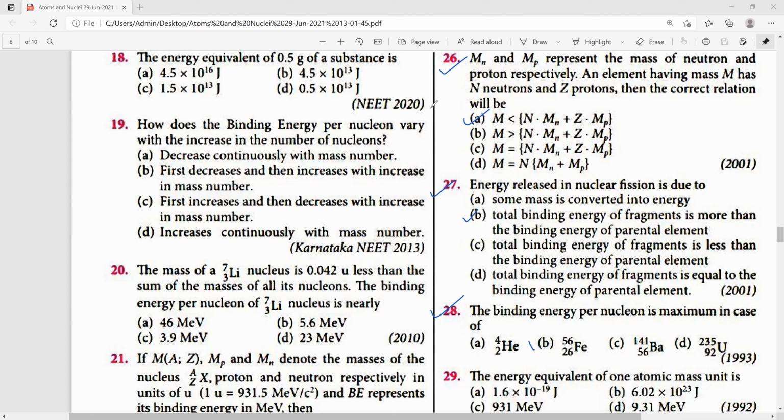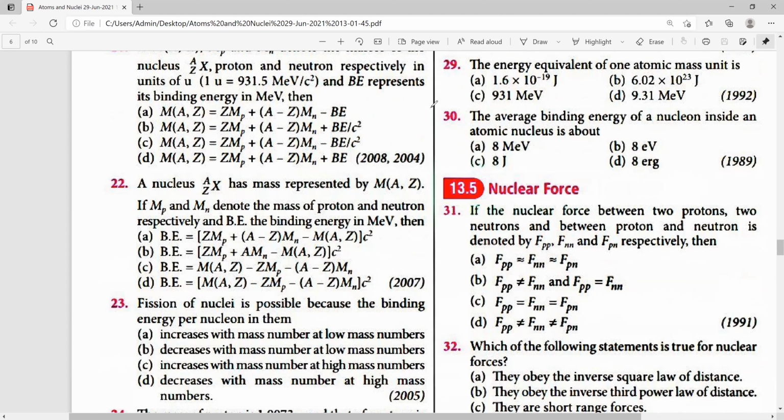The energy equivalent of one atomic mass unit is... So we already know one atomic mass unit is 931. Therefore, the right answer for 29 is 931 mega electron volt.